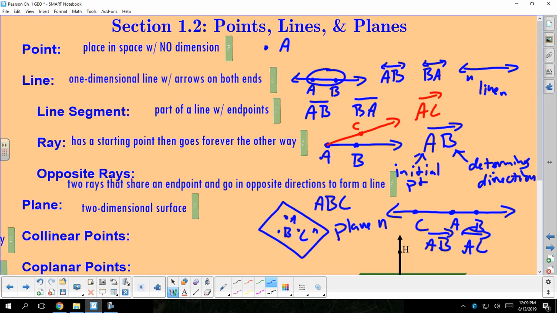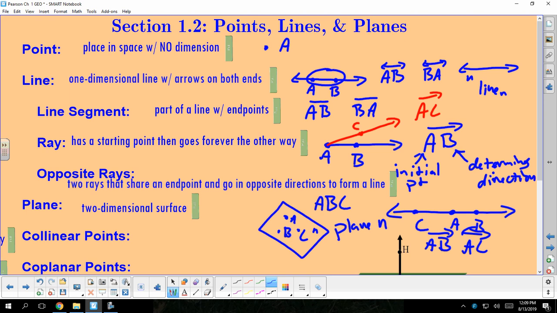And I said non-collinear, but we haven't really discussed what collinear means. Two points, not quite.